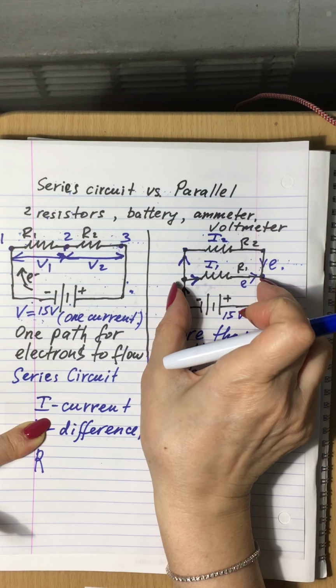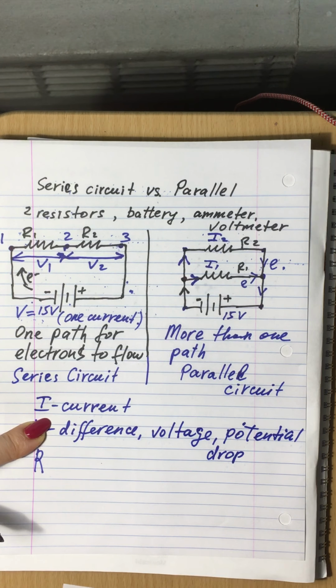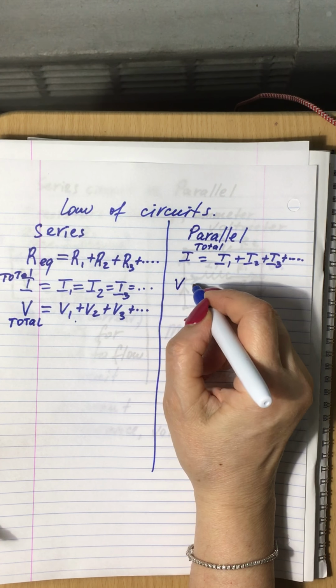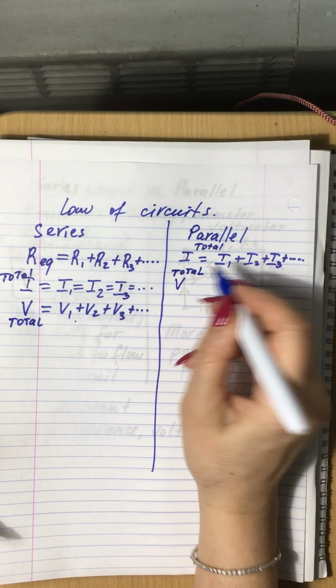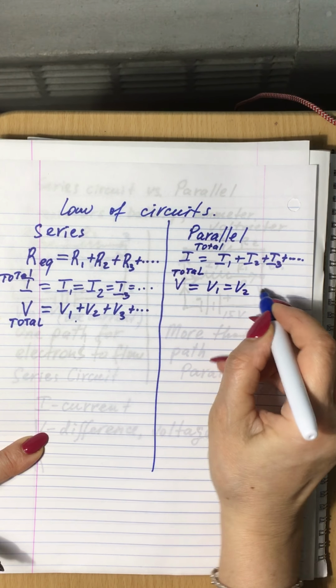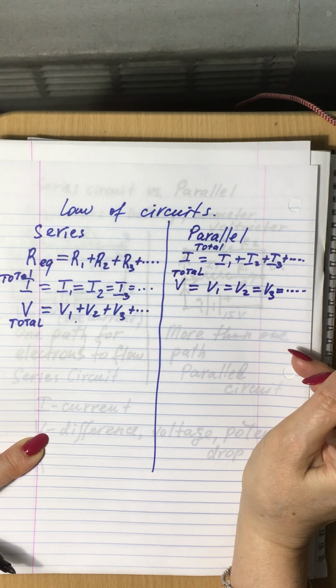So it looks like the position of each resistor here is the same in terms of electric field. That's why the rule for potential difference, to find the total here, is simply that V1 equals V2 equals V3 and so on.